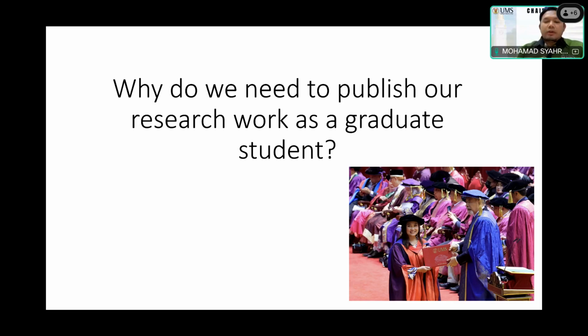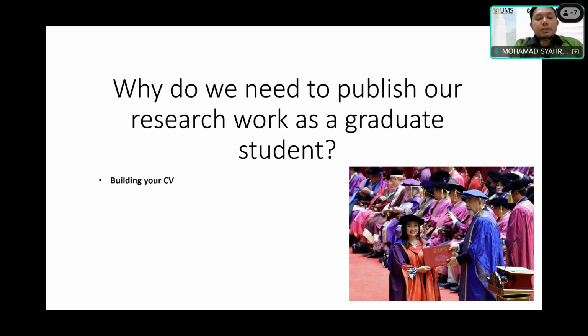Then we have another kind of publication, like newspaper, for example. That one is for the layman. So we do the research, but the community doesn't know about the scientific things. So that's how the newspaper creates engagement between us and them. Okay.